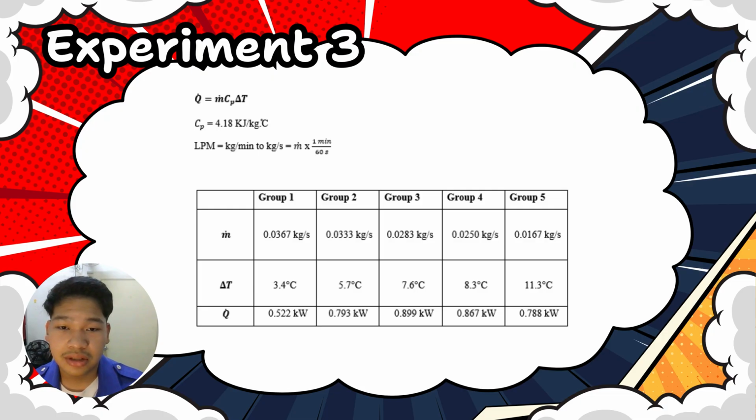Lastly, for Q, group 1 is 0.522 kilowatt, group 2 0.793 kilowatt, group 3 0.988 kilowatt, group 4 0.867 kilowatt, and lastly group 5 0.788 kilowatt.